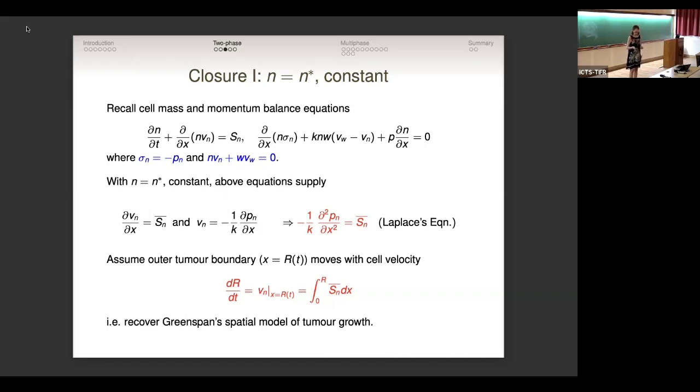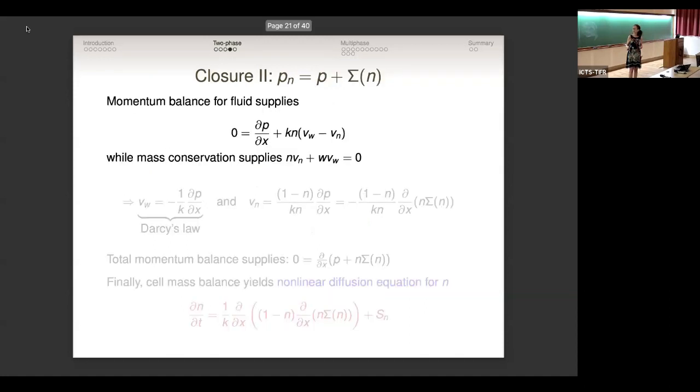Okay. So now let's look at the other case, and no prizes for guessing where that one's going to be heading. The other closure that we talked about was to say that the cells are bags of water plus a bit, the plus a bit being captured by this sigma of n, density-dependent function. If you walk through the algebra, the momentum balance for the fluid, effectively, if you unwrap it, gives you this expression.